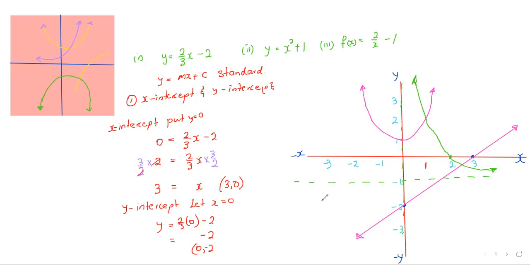And then it must also come here, never touch -1, never touch x equal to 0. x equal to 0 becomes our x asymptote, -1 becomes our y asymptote.